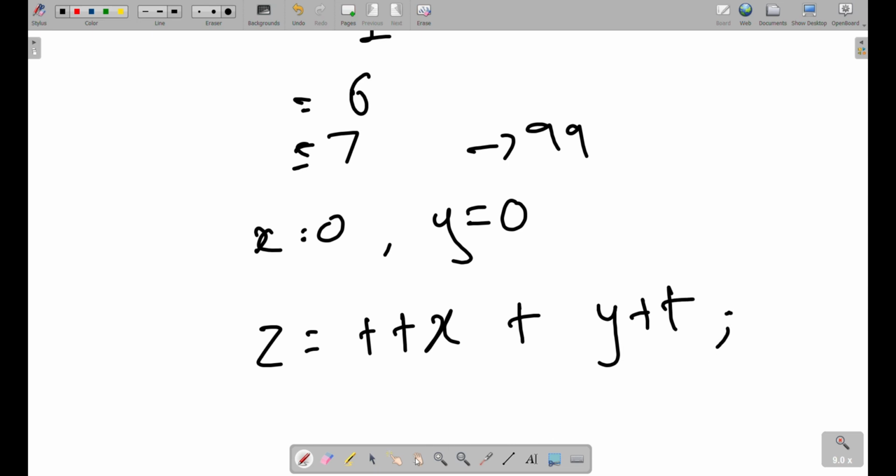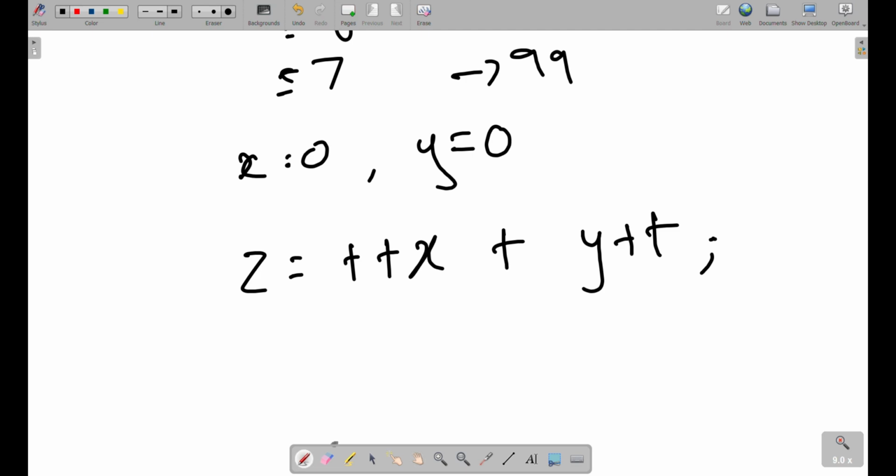As there are two different variables, the behavior can be listed properly, because x is going to be modified at that instance, so it goes to be 1, and then y++. So at this very instance, the value of y will be 0. So the value will be z equals 1.